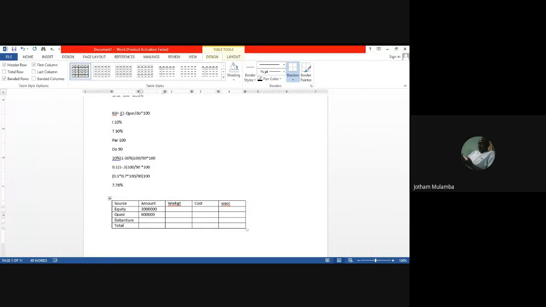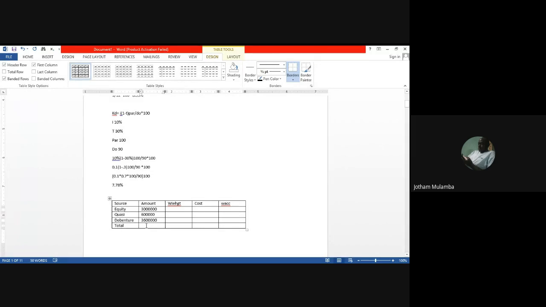We go to debenture. So debenture, they sold 40,000 debentures, and they were sold at 90 shillings. So 40,000 times 90 is 3,600,000.